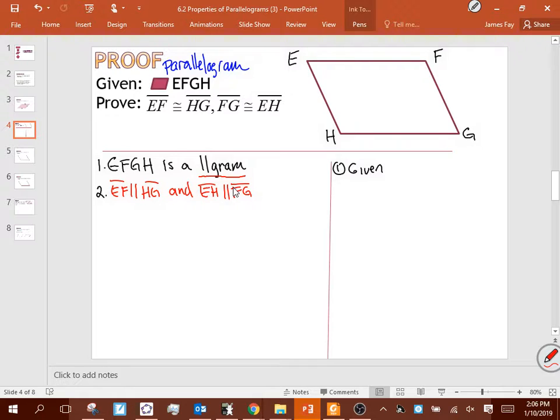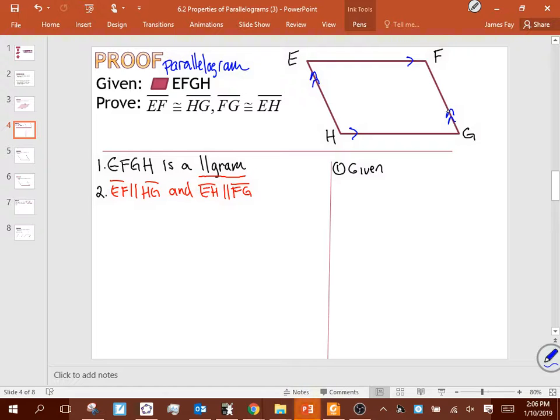The next step that we have to do here is not all that obvious, okay? But whenever we deal with parallel lines, think back to chapter 3. We always talk about parallel lines, and there's always a third line involved that we call a what? Transversal. So we're interested in a transversal for these parallel lines.